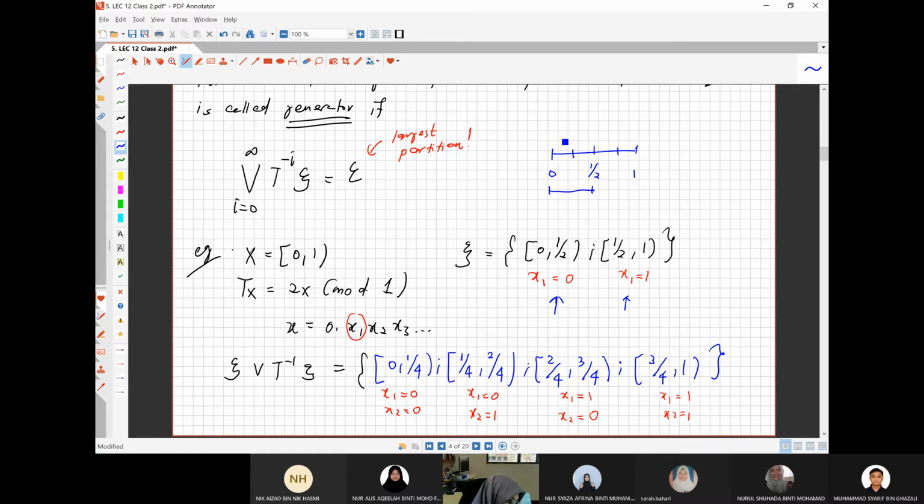So here you have 0, 1, and 0, 1. And then this part here is 0, this part here is 1. So this is what happened, and again and again. This is for the join of the pre-image of the partition, so this is only the first pre-image.